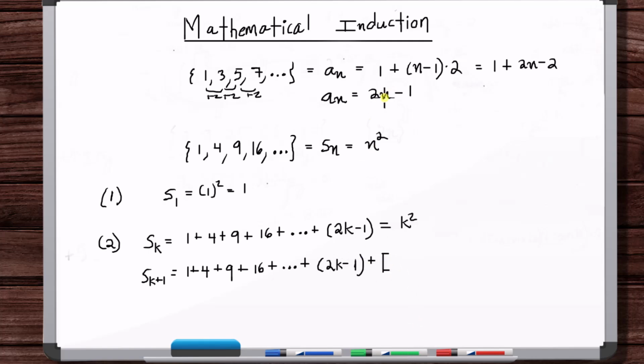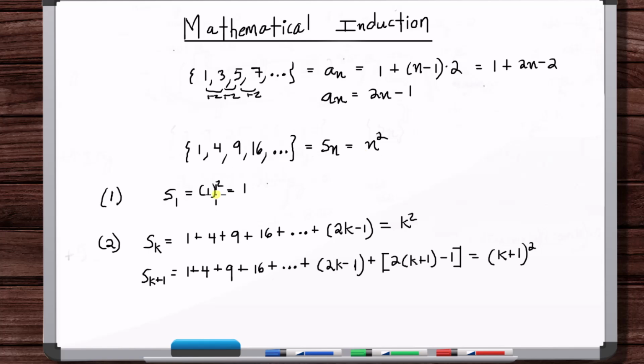That was at k, but now we go to k plus 1, so it's 2k plus 1. S of k plus 1 is S of k, including this, but now just substitute k plus 1 in here. And then this is equal to k plus 1 squared. Like the n squared, just substitute in k plus 1.